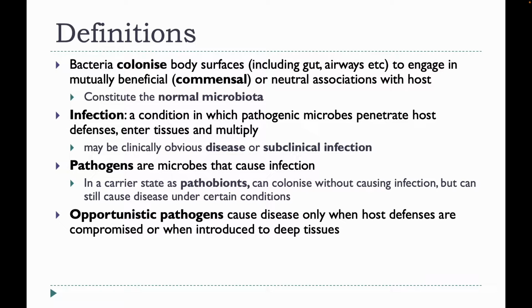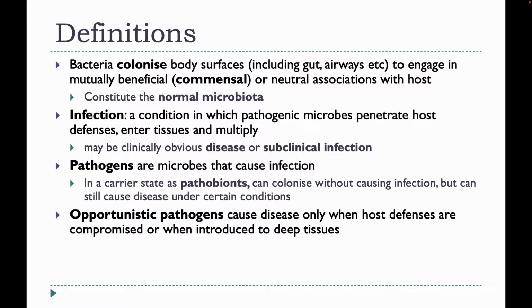The commonest example of this is organisms that live in the gut, but don't cause disease in the gut, but do cause disease when they spill into another body compartment, such as the urinary tract or into the bloodstream. So an E. coli that's capable of causing a urinary tract infection in the gut behaves just like a commensal, just like any other E. coli. It's only when it gets into the urinary tract that it becomes a problem.